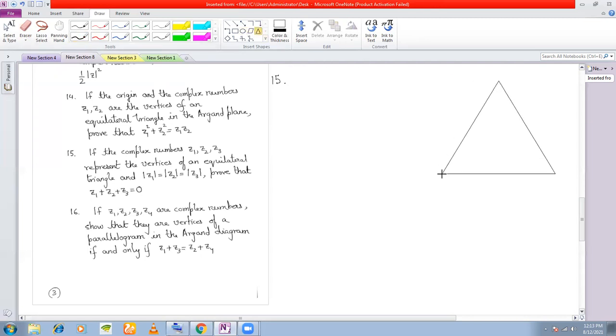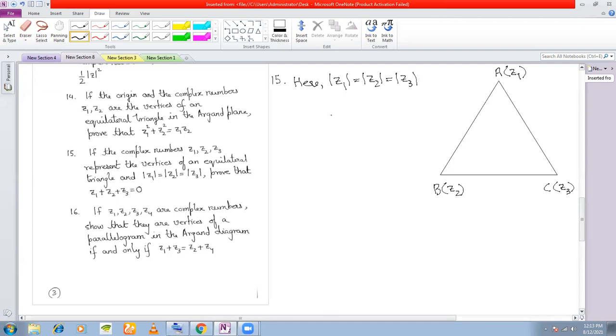This is a triangle, and you have the complex numbers representing the vertices. Here mod Z1 is equal to mod Z2 is equal to mod Z3.